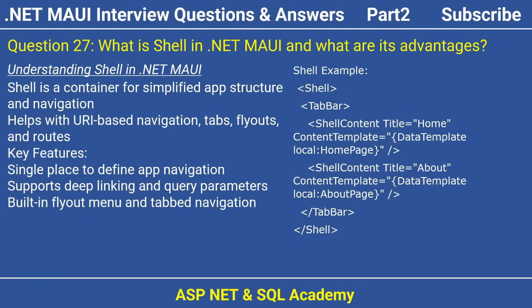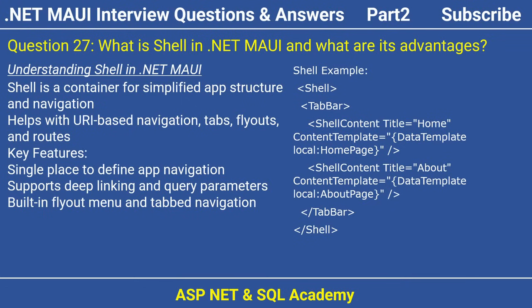In .NET MAUI, Shell is a higher level container that helps simplify your app's navigation and layout. It provides a consistent and structured way to implement common UI patterns like tabs, flyouts, and deep links. With Shell, you can define your entire app navigation in one place using XAML.